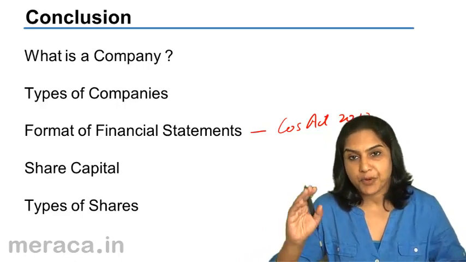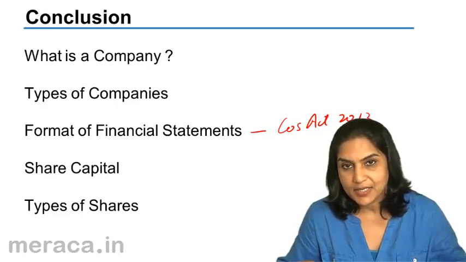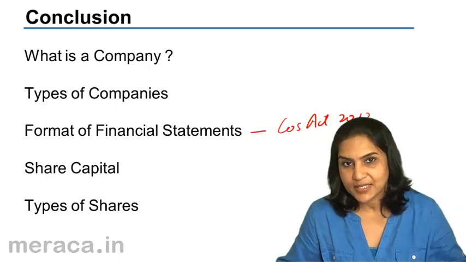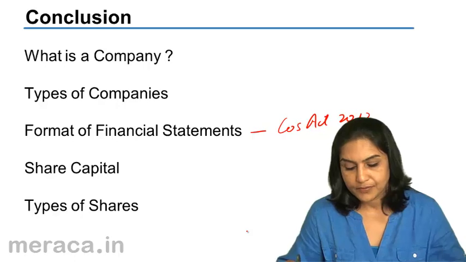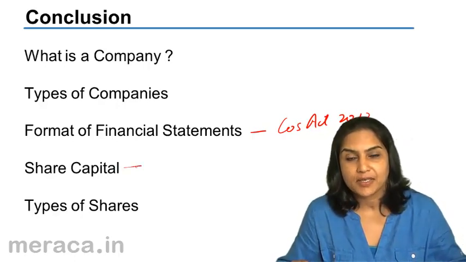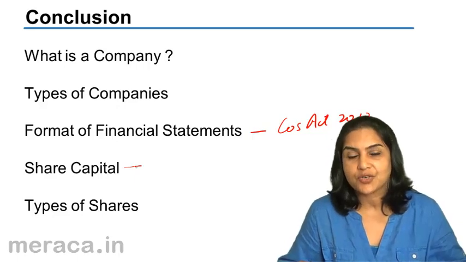Balance sheet is prepared in a vertical form with equity and liabilities on the first half and the lower half consisting of assets. Next, we discussed the share capital, where we had authorized capital, registered capital or nominal capital. That is what the company is registered with.